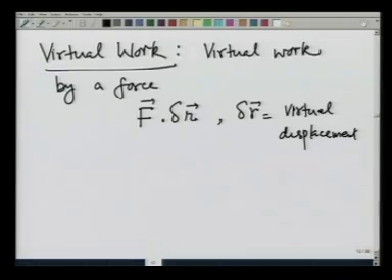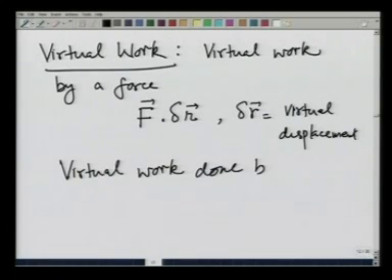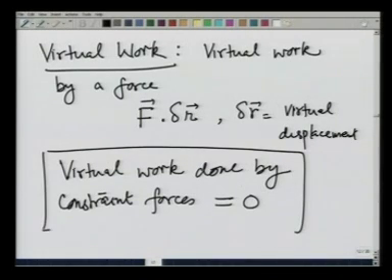Naturally, if I am doing a displacement consistent with the constraints, and we have already seen that the constraint forces do not do any work, virtual work done by constraint forces is equal to 0. This is a very important statement, and that makes the development of the method of virtual work possible.